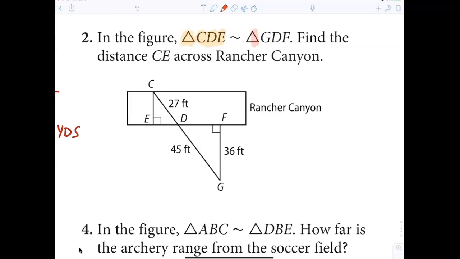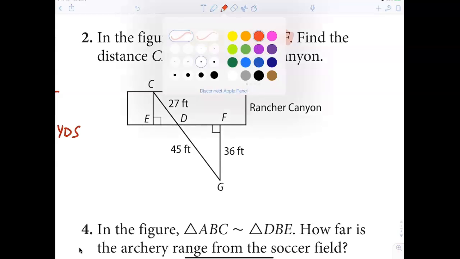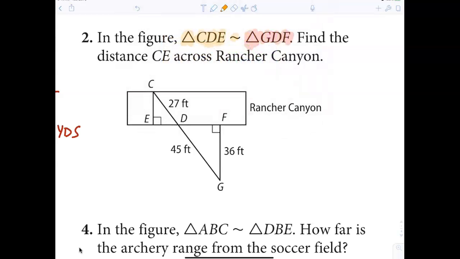It says triangle what? GDF. Now, the problem is most kids do not know what this symbol means. Of course, that symbol means what? Similar. That just means they're similar. And if they're similar, that means that the angles are equal and the sides are proportional. That's what that symbol means.